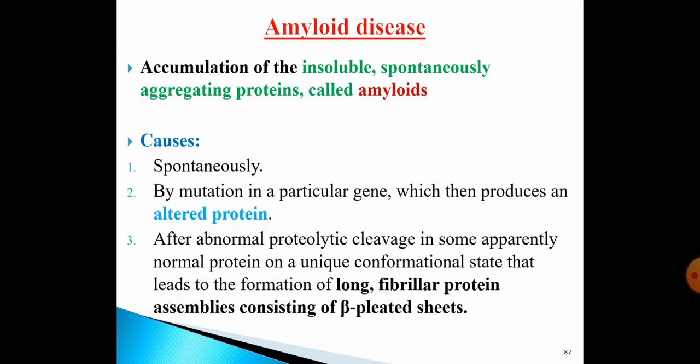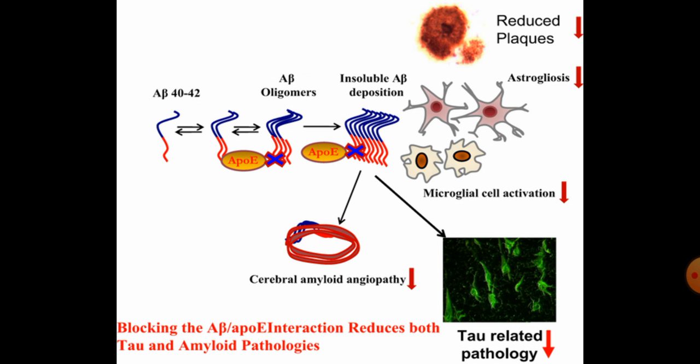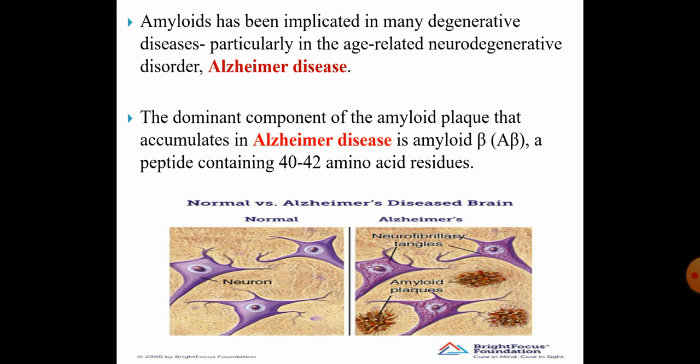It can be caused by a mutation in a particular gene which produces an altered protein, or by abnormal proteolytic cleavage of a normal protein, giving a unique conformational state that leads to the formation of long fibrous protein. That is how some proteins change and cause disease. This shows the amyloid defect in the cerebral amyloid. As I told you, this happens in Alzheimer disease.